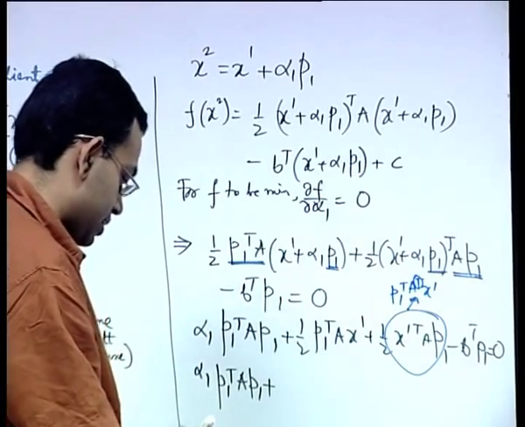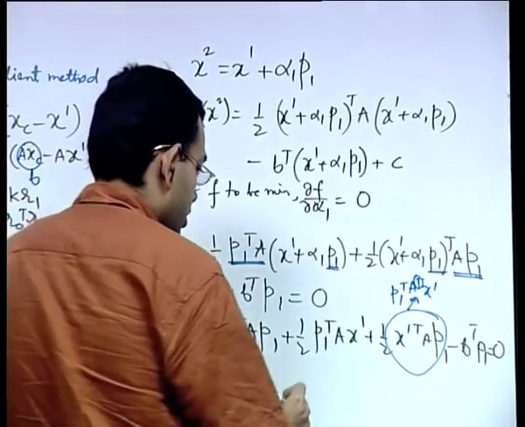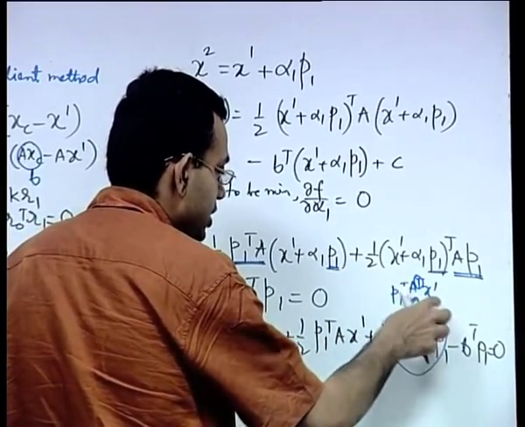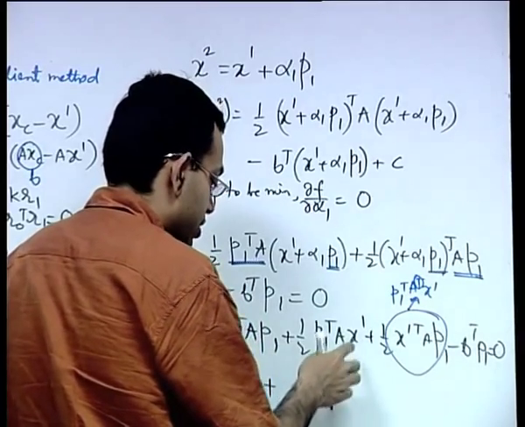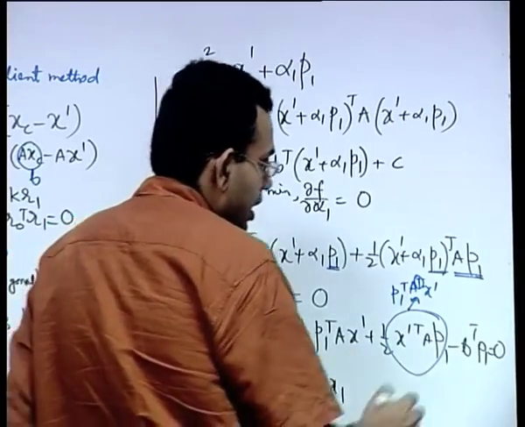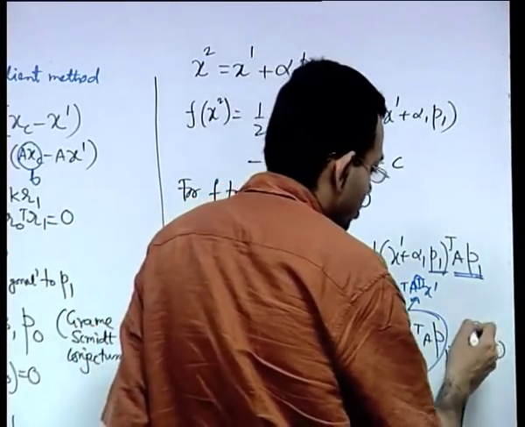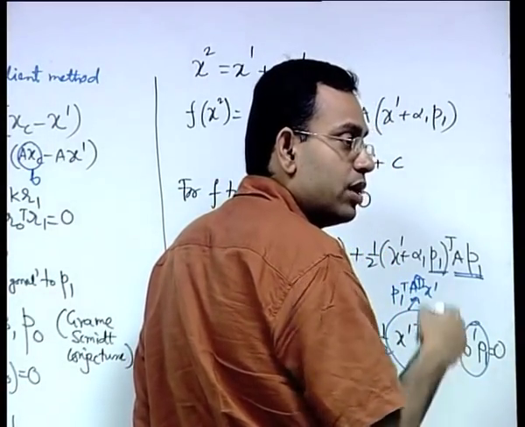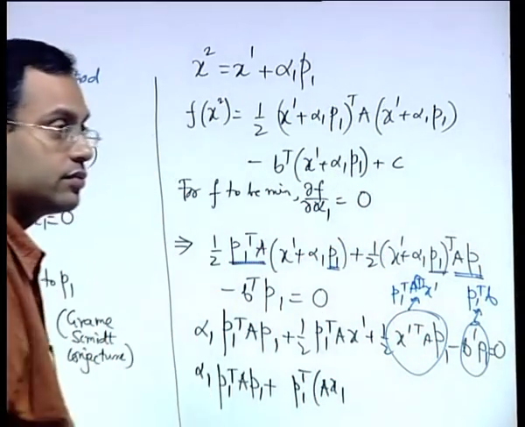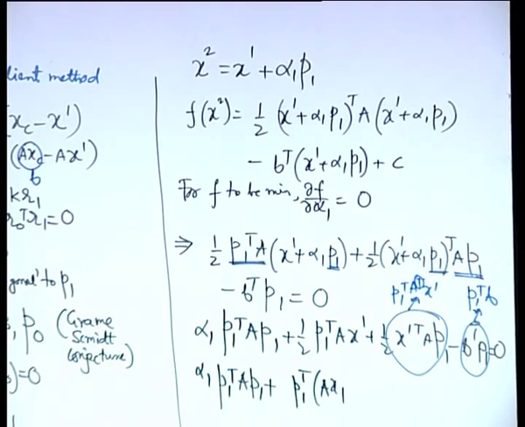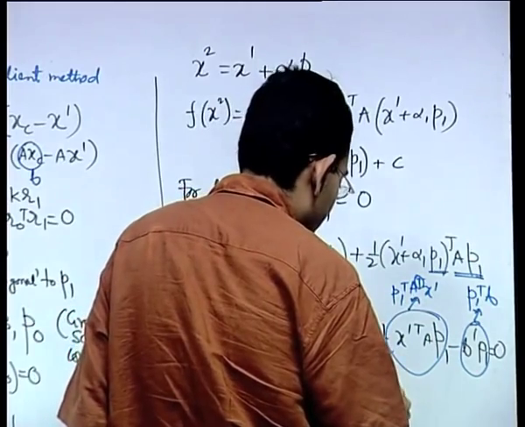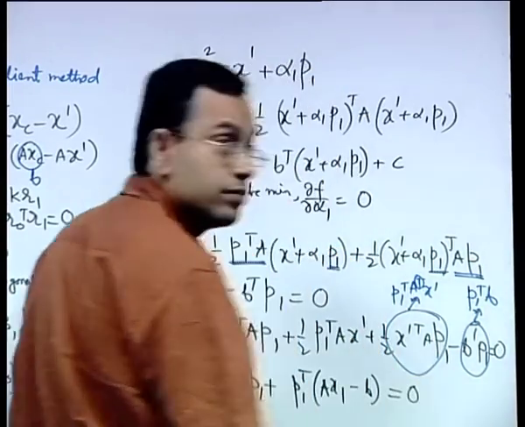So this will become half P1 transpose AX1, this is another half P1 transpose AX1. So total is P1 transpose AX1 from this term, and the last term B transpose P1 is the same as P1 transpose B. So P1 transpose (AX1 minus B) is equal to 0.